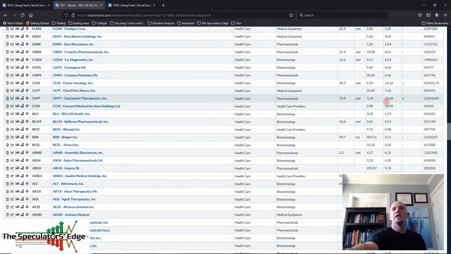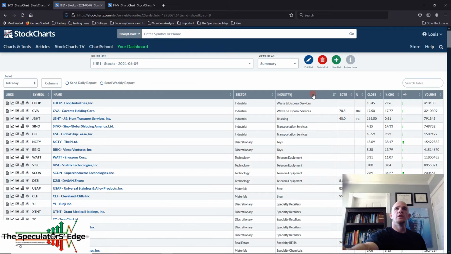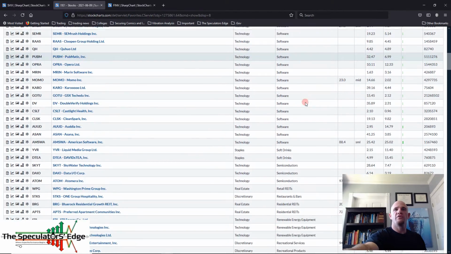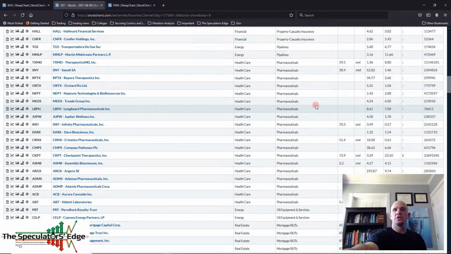So let's go through and look at the industries. What industries are strong right now? Software looks good. I've been pounding the table for that because that's what's been rotating. There's a lot of rotation into the technology and healthcare sectors, and into the software, pharmaceutical, and biotechnology industries.